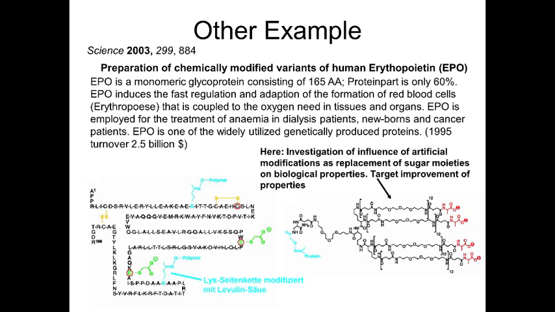I would like to give you another example that was published almost 10 years after the first native chemical ligation paper. In this case, the target of synthesis is certainly more complex than the previous one.